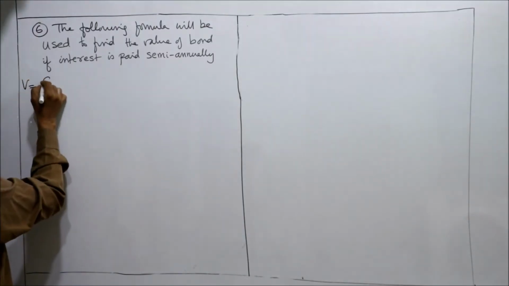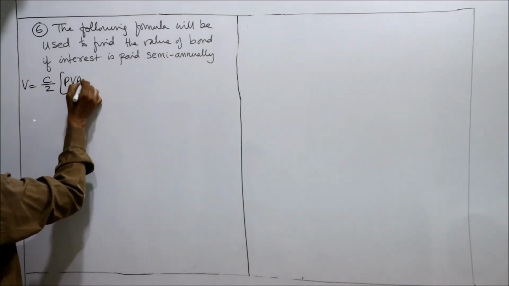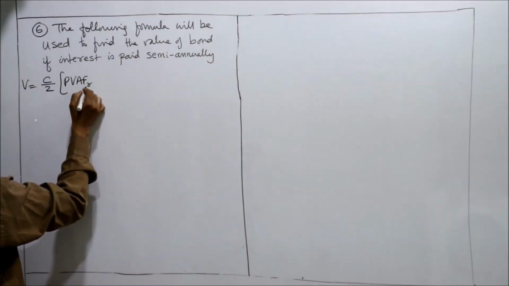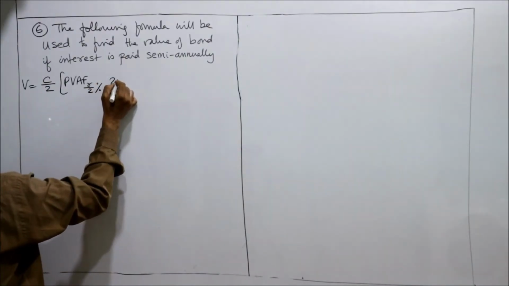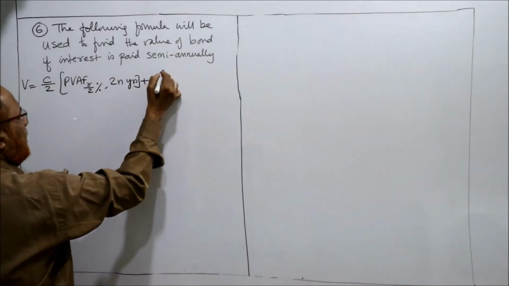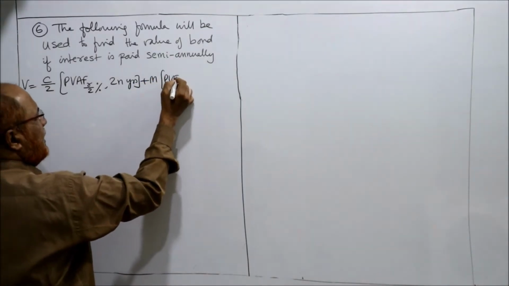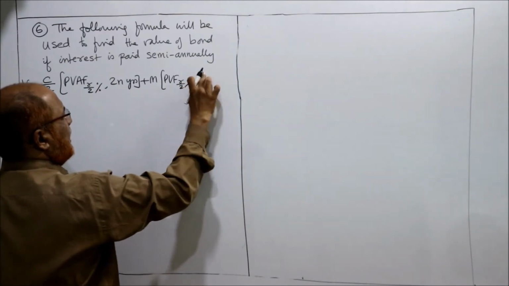So V is equal to C by 2 into PVAF R by 2%, 2n years, plus M into PVF R by 2% for 2n years.